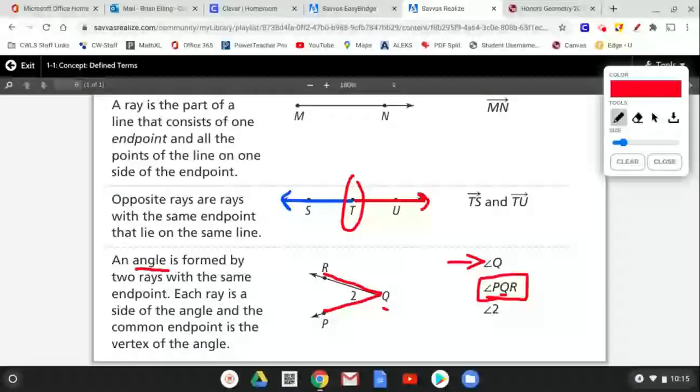Now, another way to name this is if we start at the other point that is on this angle. If we start at R, so again, put your finger on R with me. So we're going to start at R. Now, if we're tracing along the angle to create it again, we're going to go to Q, and then we're going to go to P. So another way to name this angle would be angle RQP.